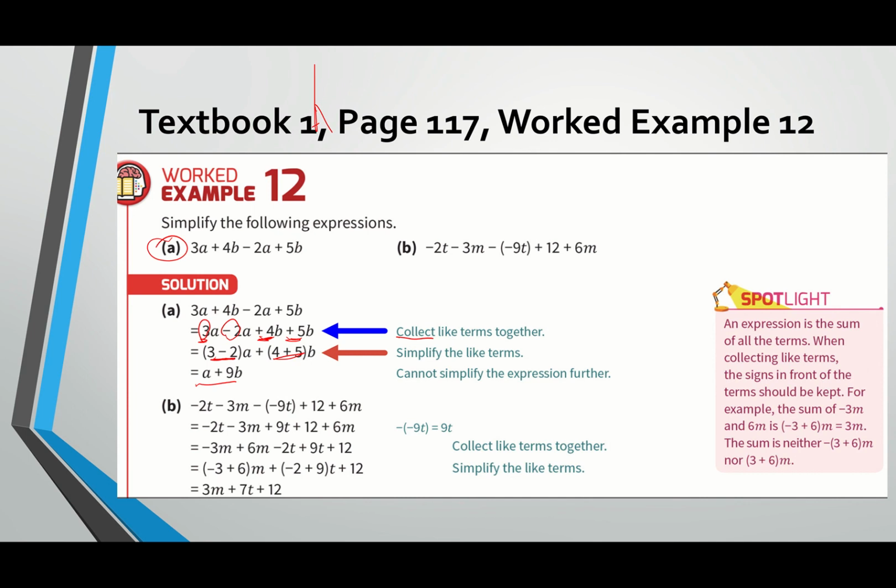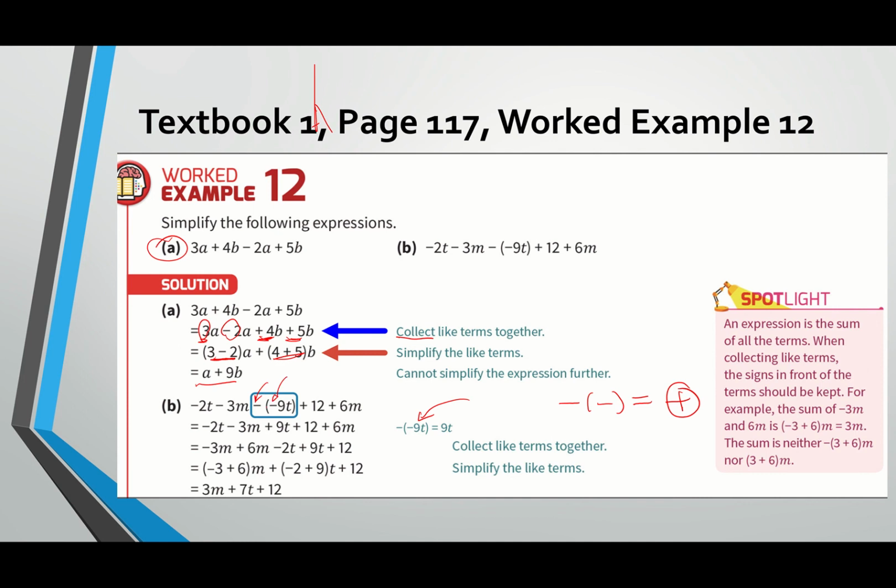What about part B? Same thing. We're going to collect the like terms together. But before that, let's look at this. We have learned before that when we multiply a negative sign and a negative number together, we get a positive, right? That's what we are going to do here. We have a negative and a negative next to each other.